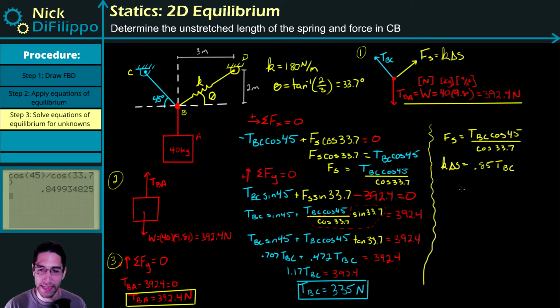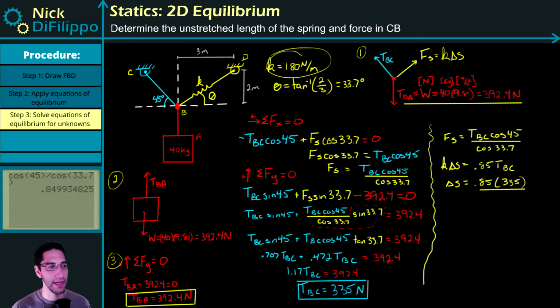I know what TBC is. It's 335. So I know that the amount that I've stretched this spring is going to be 0.85 times 335 divided by K. K is right here. It's 180.